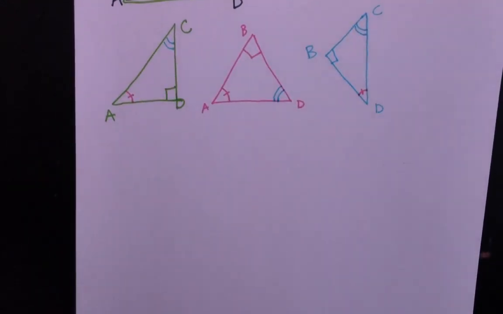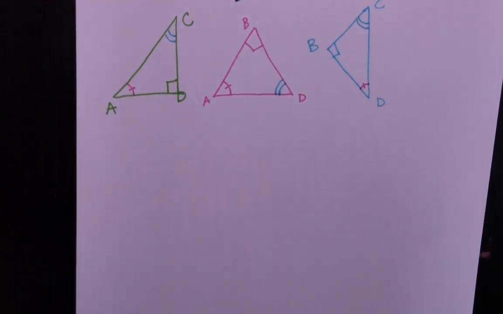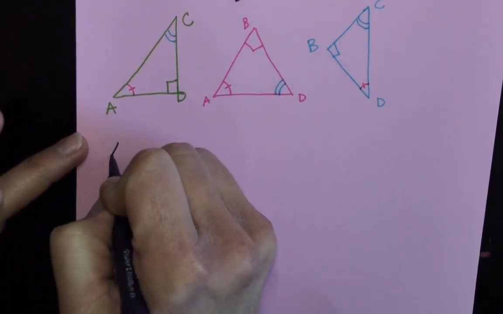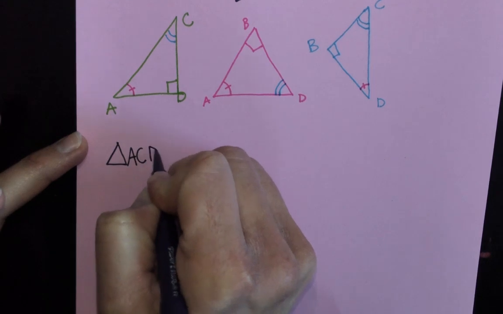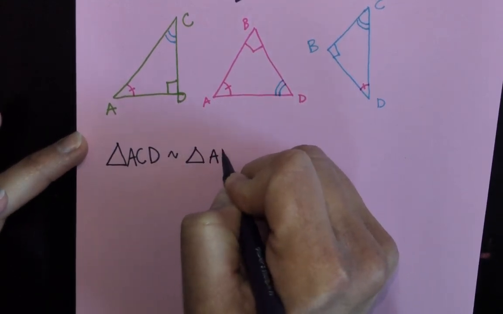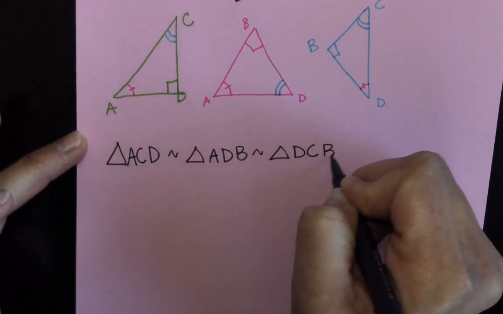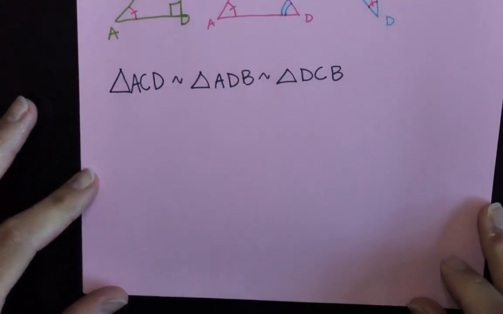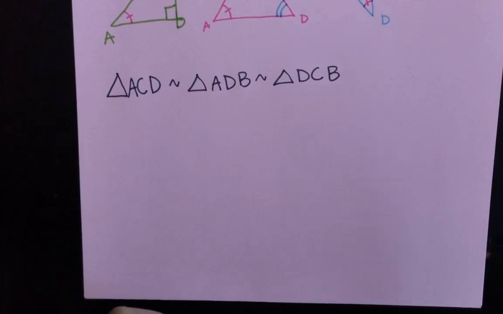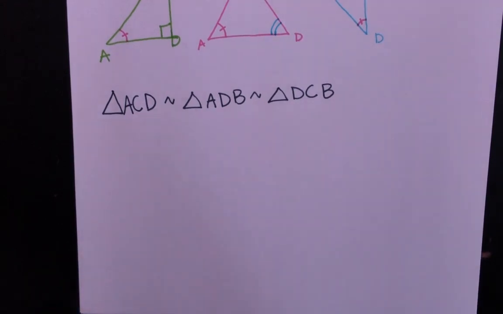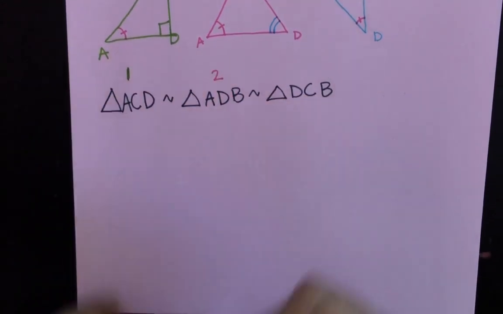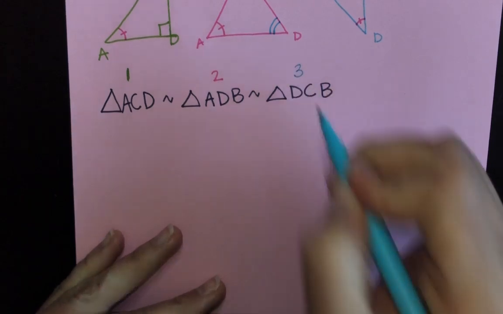Now I'm going to take this guy, A, C, D, A, D, B, and D, C, B. And we know that we can't do proportions with 3 equal signs. So using this information, we've got our first triangle, we have our second triangle, and we have our third triangle.